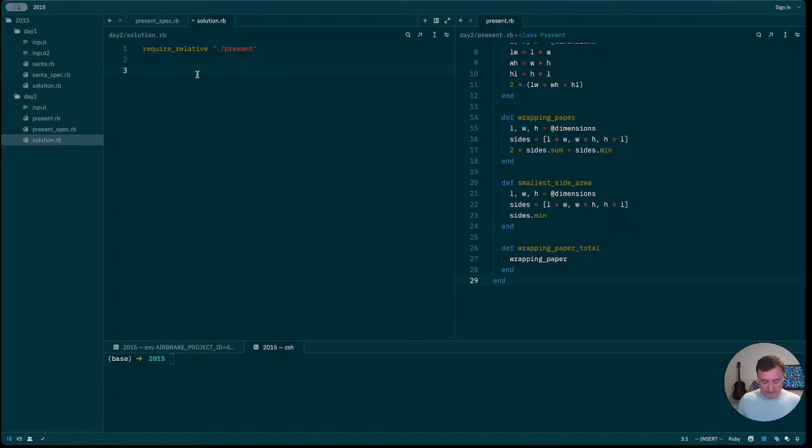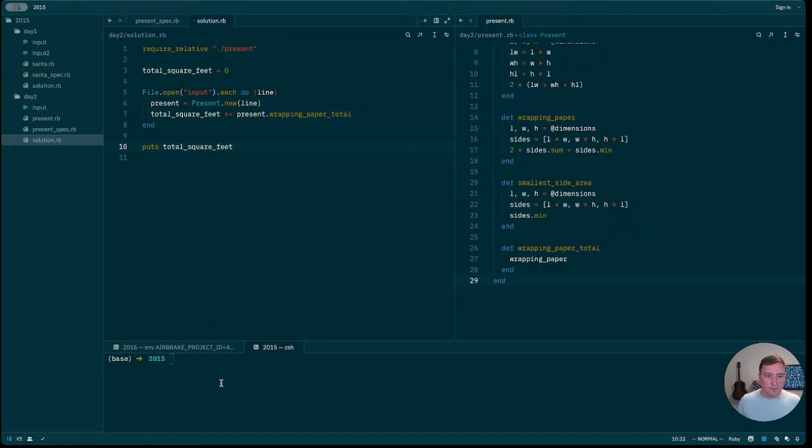Let's say total square feet equals 0. Input and present equals Present.new line, total square feet plus equals wrapping paper total, and let's put total square feet.